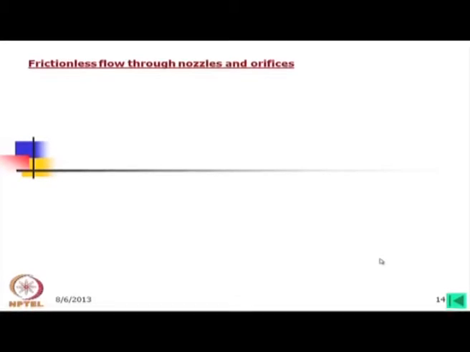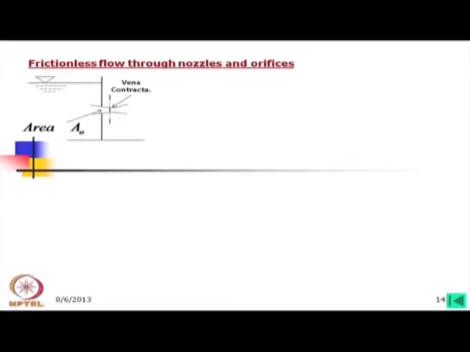Now, we consider frictionless flow through nozzles and orifices. Here we have considered again a vessel or large reservoir, where we have a small hole, which is an orifice.